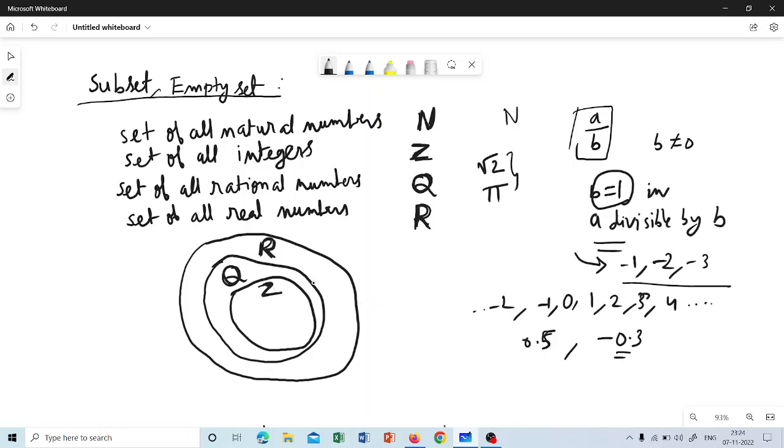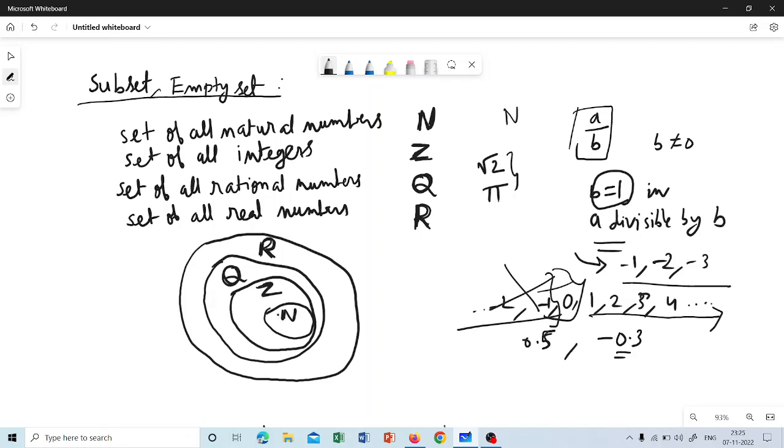Similarly, inside integers, if I remove the negative numbers, from minus 1 to minus infinity, and even 0, then 1, 2, 3, 4 until infinity are natural numbers. So you have to remember that all natural numbers are integers, but all integers are not natural numbers.